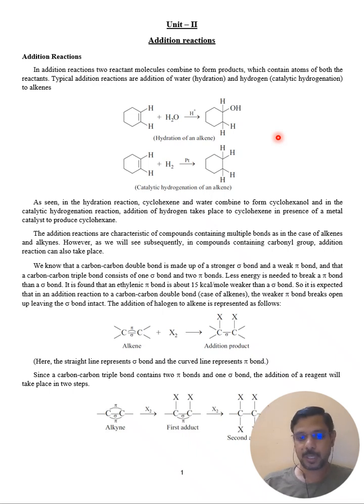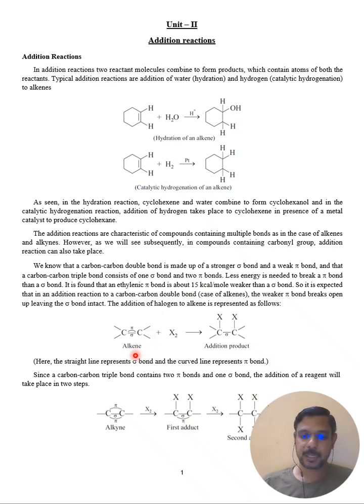If the addition reaction has to occur, we need a starting material, that is a double bond unsaturated compound. It can be either a double bond or a triple bond. Generally organic compounds have a sigma bond, and an unsaturated compound has a pi bond, right?